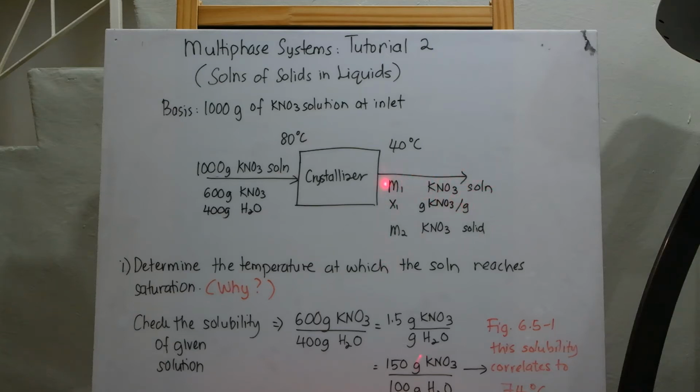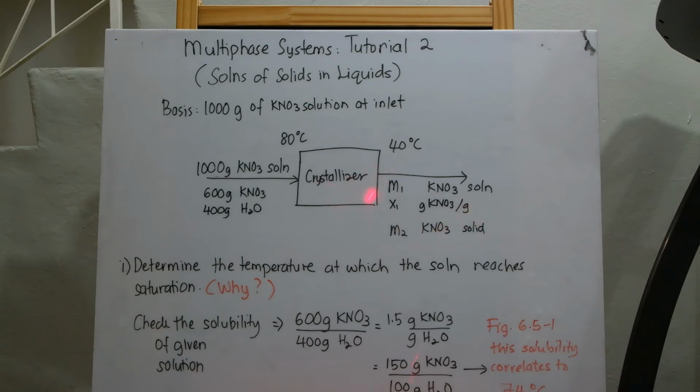So this is M1, the feed, the outlet M1 in terms of crystals and also M2, the solution, which contains solid X1 and also 1 minus X1, the liquid, this water. The 400 gram of water will go here. Alright, so this is how the crystallizer outlet looks like.